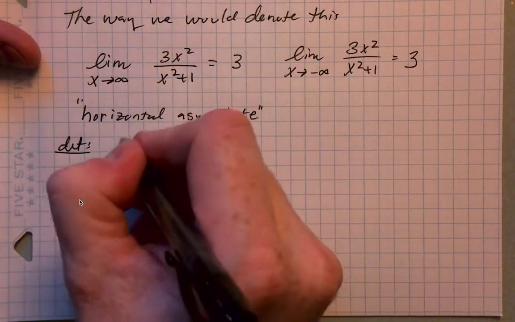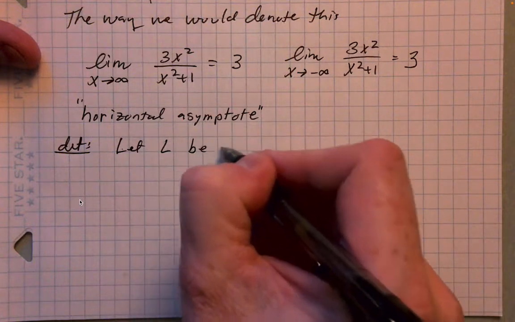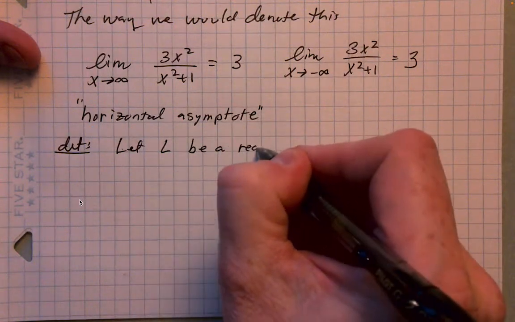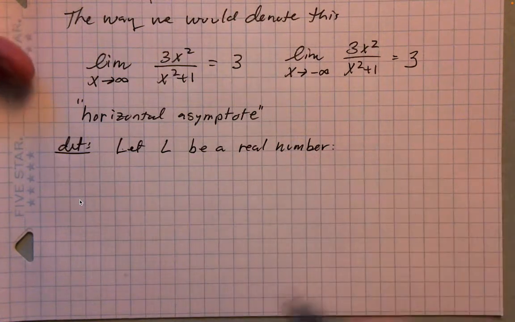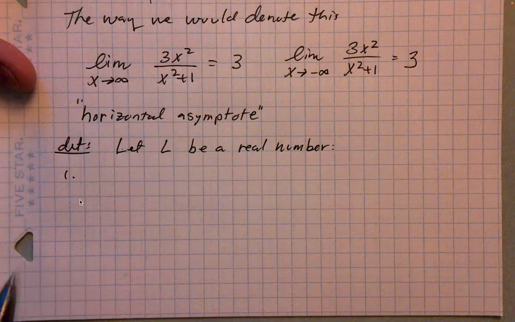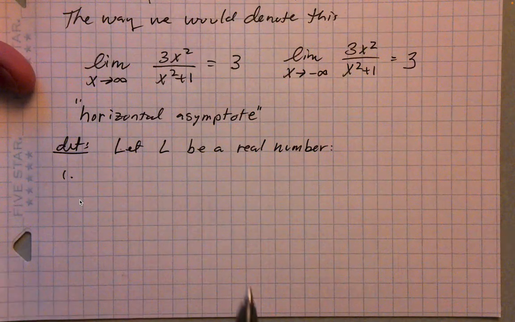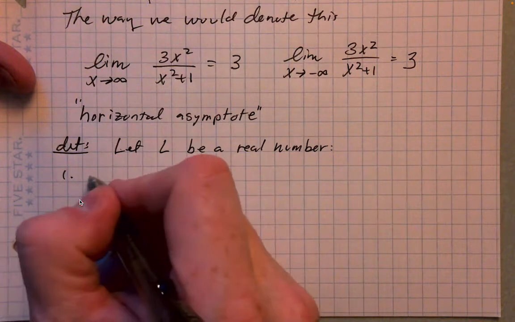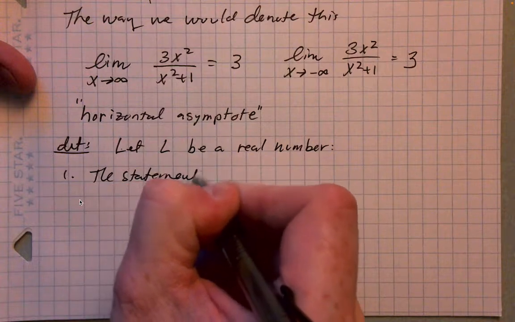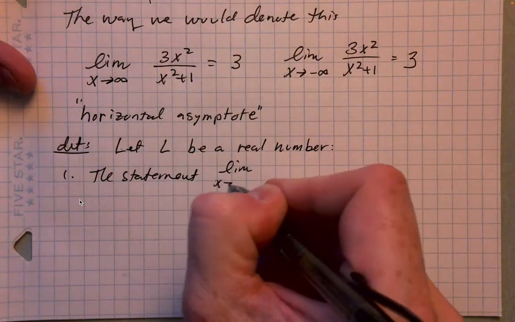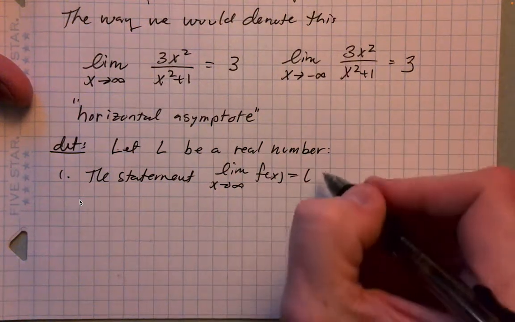Okay, so let L, which is going to be our limit, be a real number, so it's a real valued limit. Then we'll have one for positive infinity, one for negative infinity. So the first one would be to say the statement limit as x approaches infinity of f of x equals L means, what does it mean?